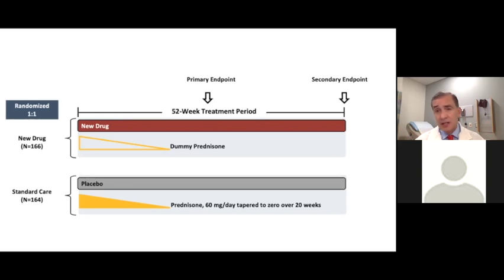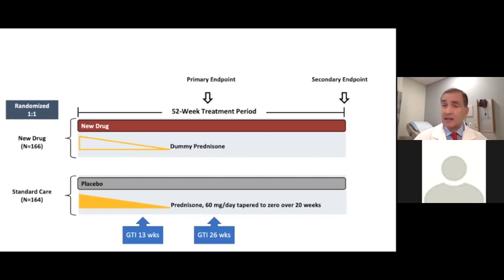The secondary endpoint, it was actually a second primary endpoint, but for discussion, I'm going to call it secondary endpoint, was measured at 52 weeks. And the GTI, which is actually the most important secondary outcome measure for efficacy, was measured both at 26 weeks, the time of the first primary endpoint, and at 13 weeks, quite early.